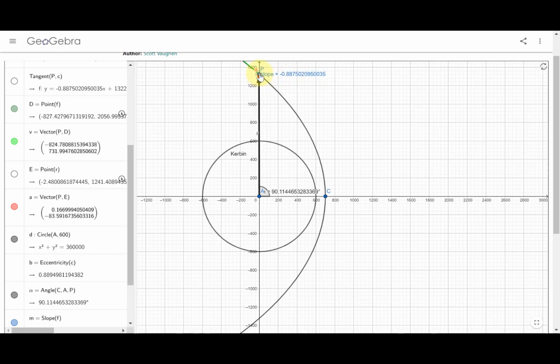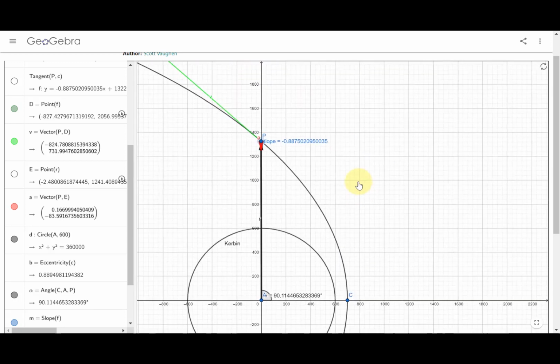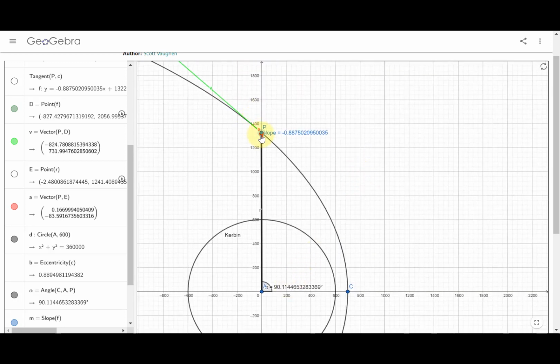The way I set this up, it's just not going to be exact, but it's pretty convincing that at 90 degrees, I get a slope that pretty much matches the eccentricity very closely. Numerically, we're very close. That's kind of neat, a little discovery about the nature of an ellipse.